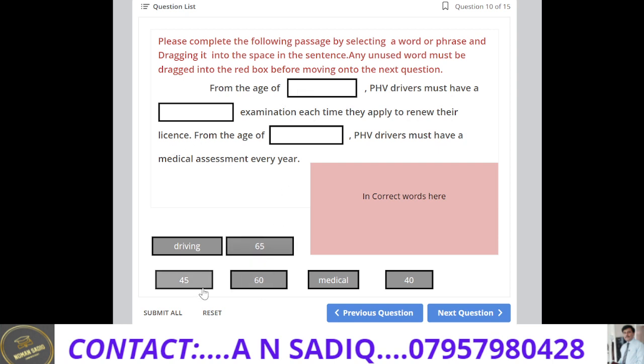So if they are of age 45, PHV drivers must have a medical examination each time they apply to renew. Whenever they try to renew, they will have to take a medical examination first.